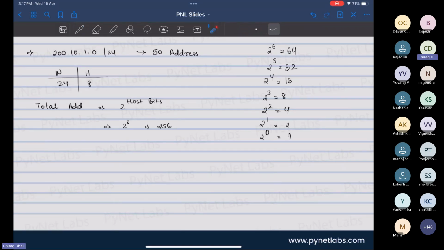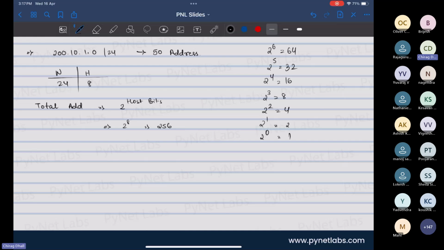Now we have to see what number of host bits are fulfilling my requirements. So I need 50 IP addresses. Can I say that 2 raised to the power 6 can fulfill my requirement and can also minimize the wastage? Earlier it was wasting somewhere around 200 IPs. Now also there will be wastage, but only of 12 to 14 IP addresses, correct?